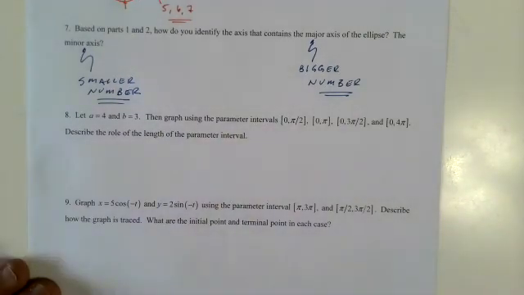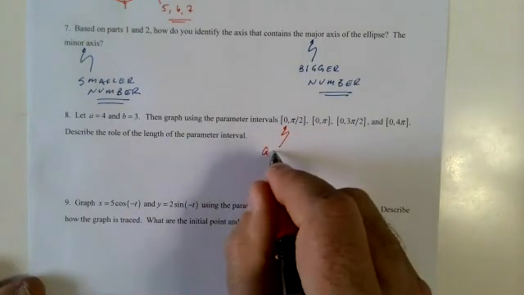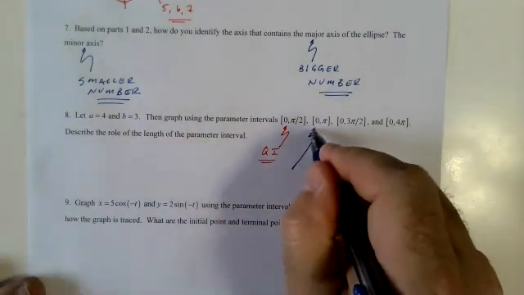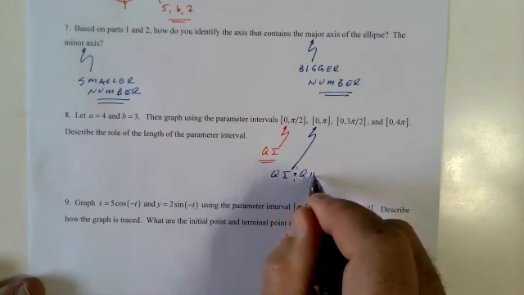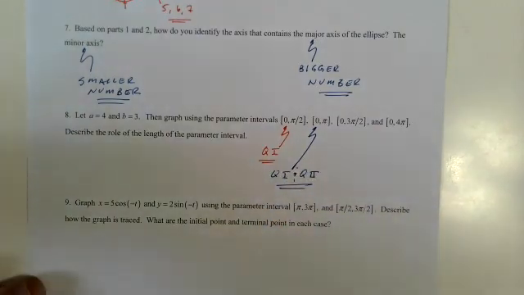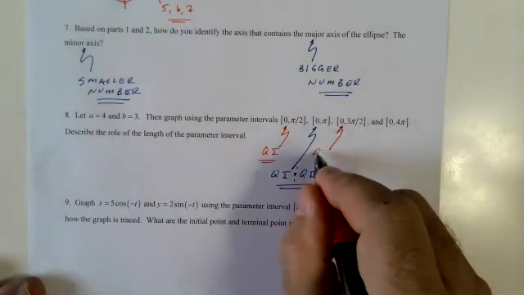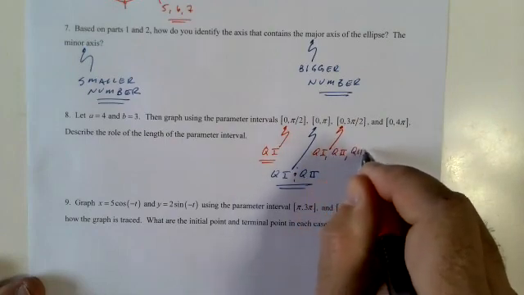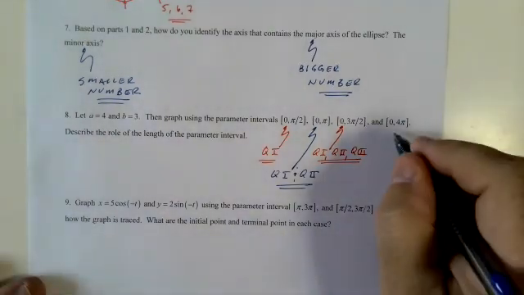All right. I'm not graphing this again because you've already seen it up above. This would graph in Q1. This would graph in Q1 and Q2. This would graph in Q1, Q2, Q3. And this would go around twice.